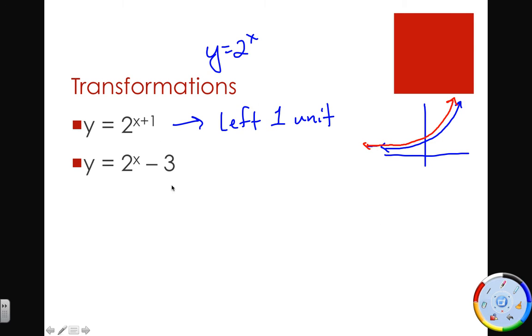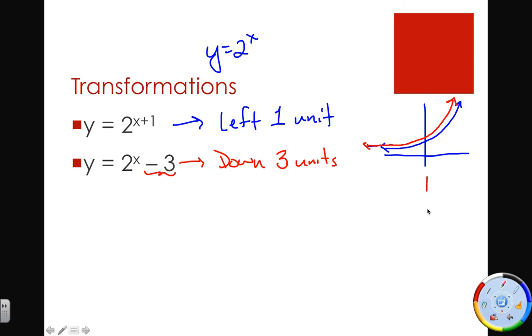What about this one? y equals 2 to the x minus 3. So in this case, we have a minus 3 that's going on outside the 2 to the x. Again, 2 to the x is our parent function. This would be a downward shift, down 3 units.